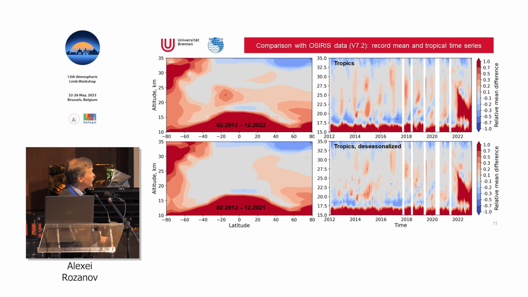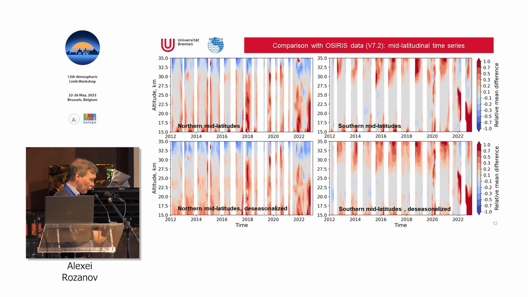On the left, you see the same dependencies but as a function of time and latitude. The only remarkable feature is again Hunga Tonga, where the instruments disagree, and at some points they have up to 30% difference, but mostly it's 10 to 20%. There is a similar behavior for northern and southern mid-latitudes, with the exception of some hotspots. You are really in a 10-20% region.